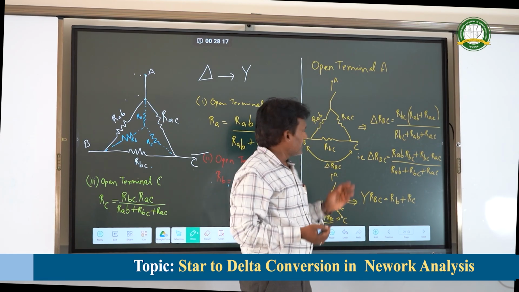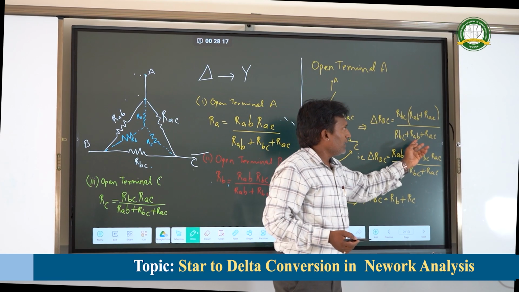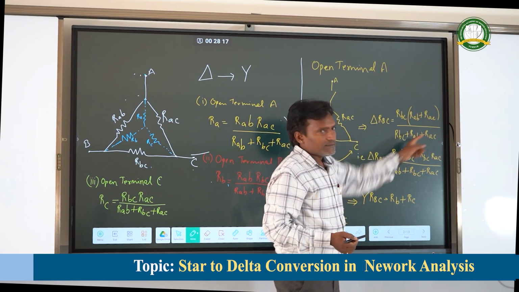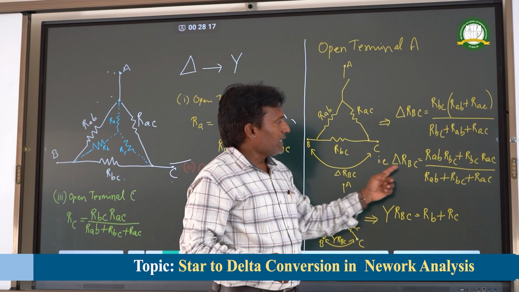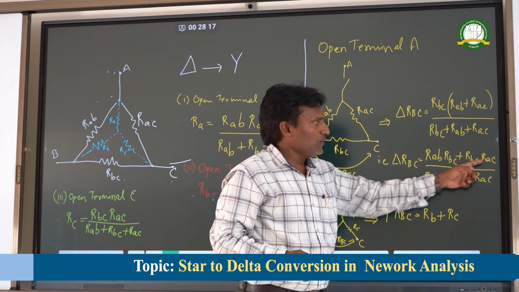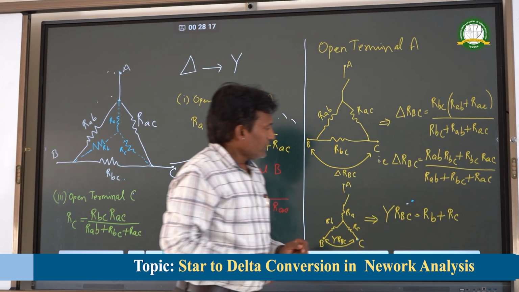On resubstituting and solving, I get delta RBC equal to RAB into RBC plus RBC into RAC upon the summation of all the three elements.